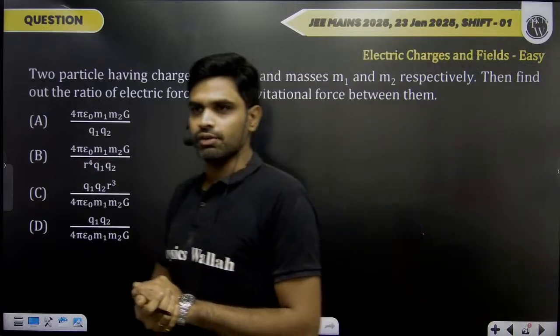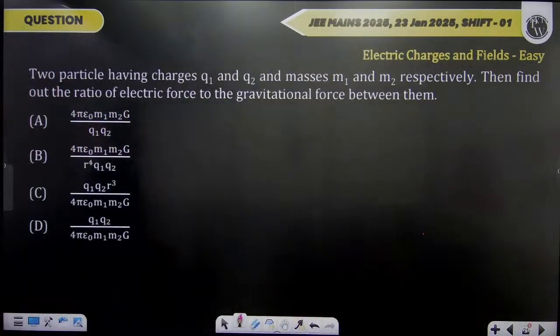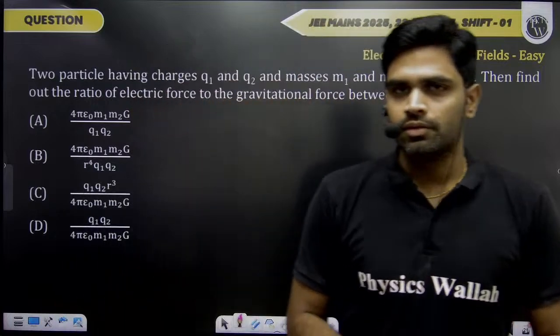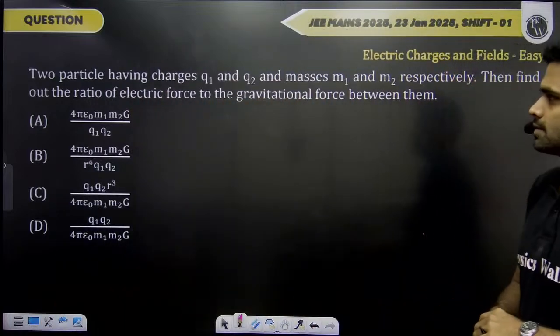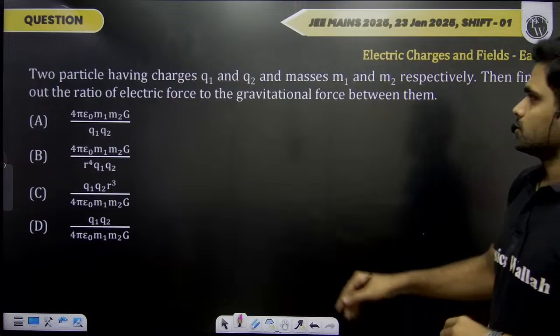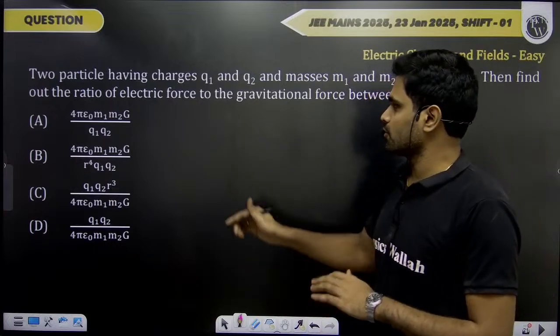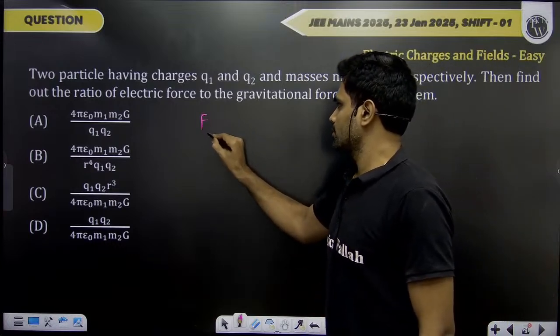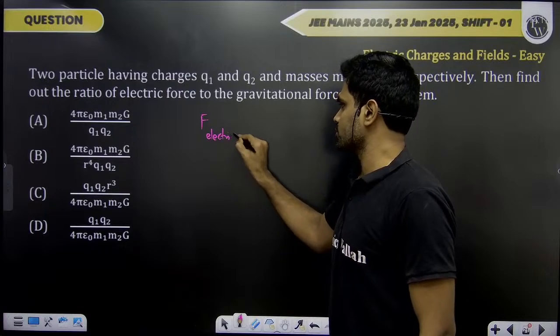This is also an easy question. They're asking the ratio of electric force to gravitational force between two bodies, two particles. So what is electric force? What is the formula for electric force?